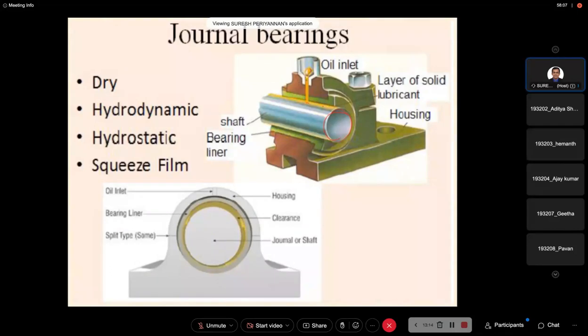After that, we need any one of the other values: the coefficient of friction variable, the flow variable, the Sommerfeld number, or the minimum film thickness variable. If we know the standard L by D ratio and any one known variable, then we can easily access the table to solve the bearing problem or to design the bearing. These are the important parameters. So based on the table values, we solve or design the bearing dimensions.